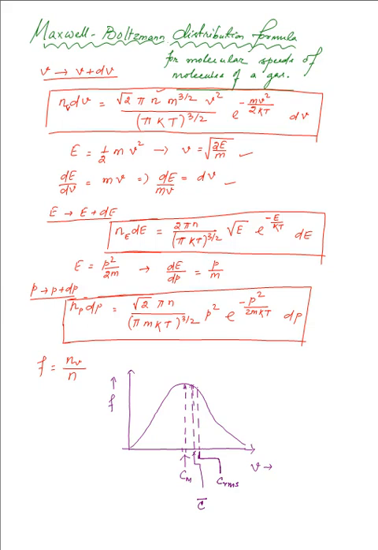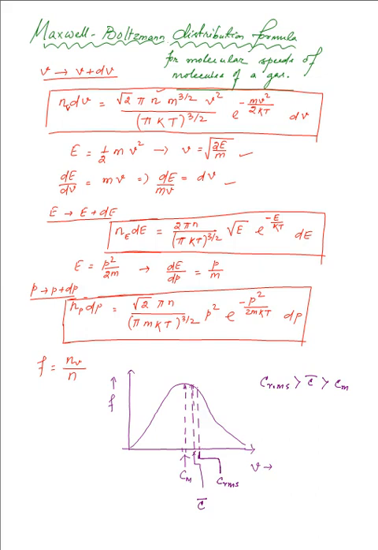So the order that we can obviously have is that the RMS value is greater than the average value, which is slightly greater than the most probable value. So this gives the Maxwell-Boltzmann distribution in case of the velocity.